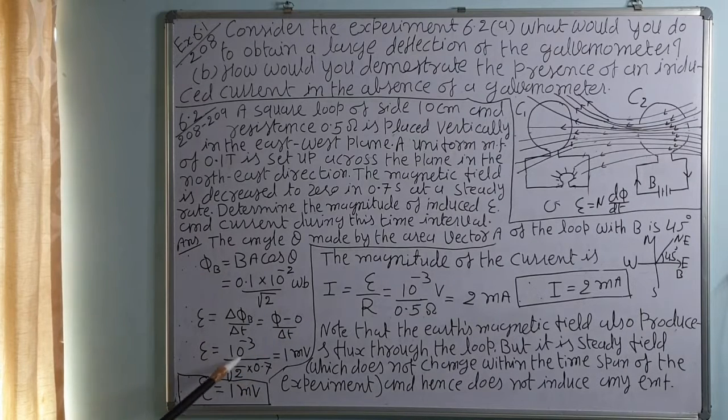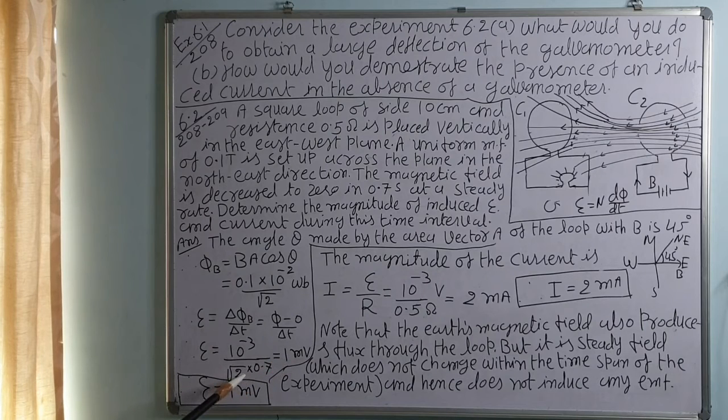The rate of change of flux is equal to induced EMF according to second law of Faraday, Michael Faraday, the greatest British experimenter who first produced electricity by magnet and coil only. The EMF is equal to 10 raised to minus 3 upon under root 2 into 0.7, that is 1 microampere.